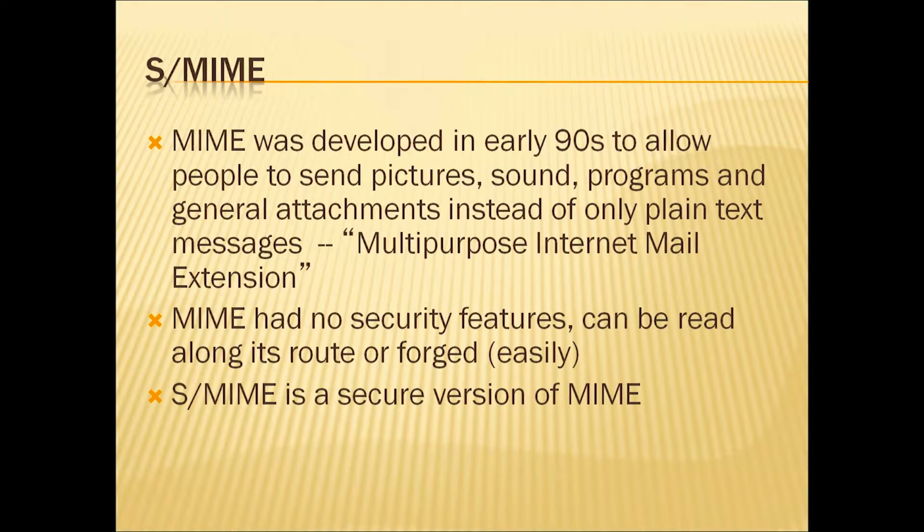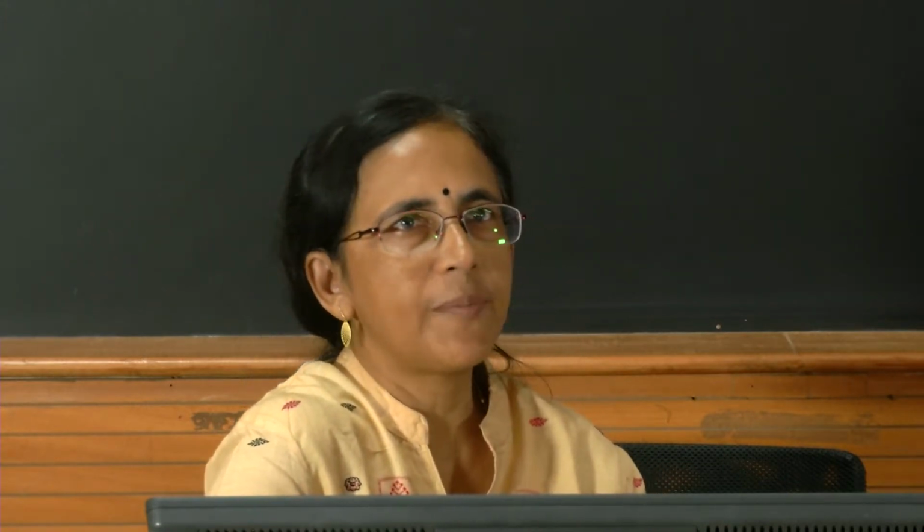That means the attachments may be of any kind, not only textual. However, MIME had no security features, maybe due to lack of awareness, or maybe people thought that nothing confidential would be sent like this over the network. So, people did not bother about it.